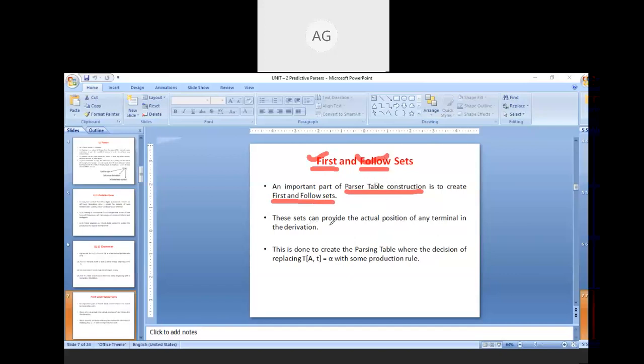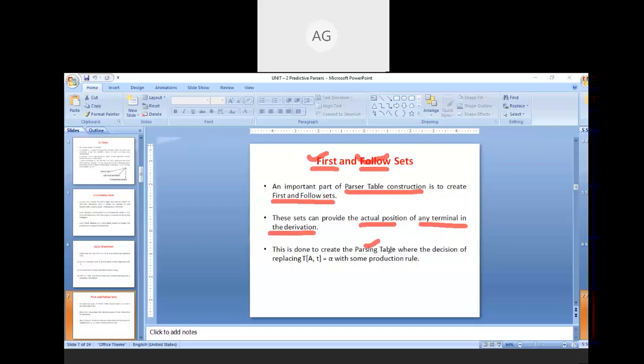These sets can provide the actual position of any terminal in the derivation. This is done to create the parsing table for LL1 grammars. So before creating the parsing table of LL1 grammar, we need to first study the first and follow sets.